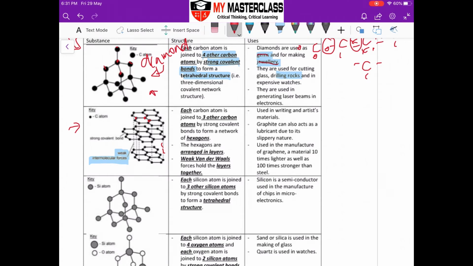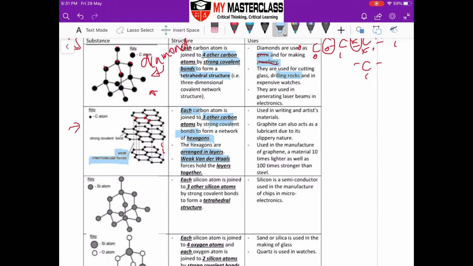We describe this arrangement as hexagonal layers. One carbon atom is bonded to 3 other atoms by strong covalent bonds in hexagonal layers, and the layers are held by weak van der Waals forces.